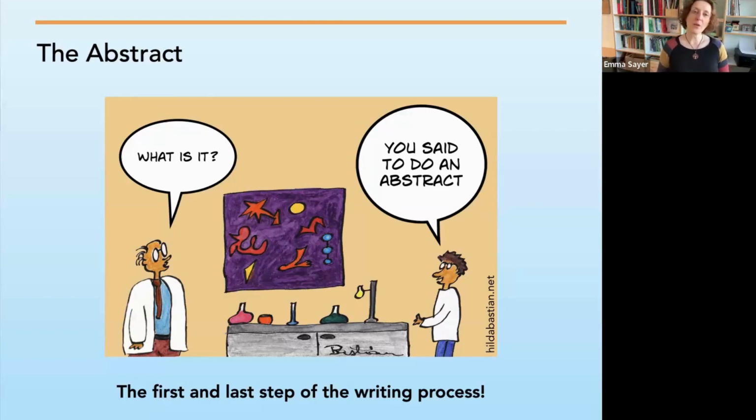But it's also really good to have a draft abstract as the first step of the writing process, because it can help order your thoughts and really crystallize those key messages. So you should have a very good idea of what your paper is going to contain before you start writing. You should have an idea of the story you want to tell, and actually writing an abstract can help you stick to that.